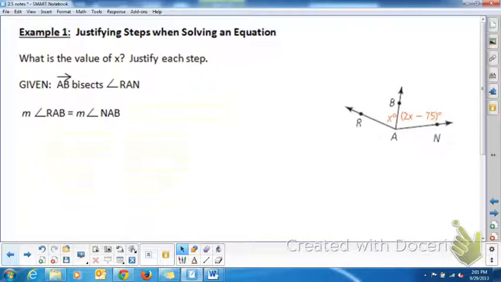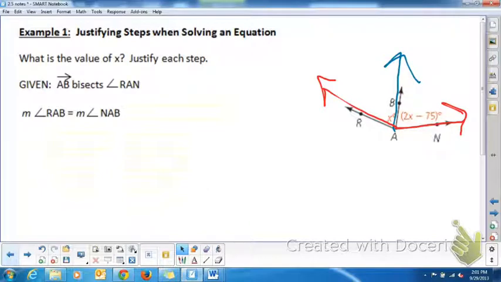Example 1, justifying steps when solving an equation. What is the value of x? We're going to justify each step. We're given here that ray AB bisects angle RAN.